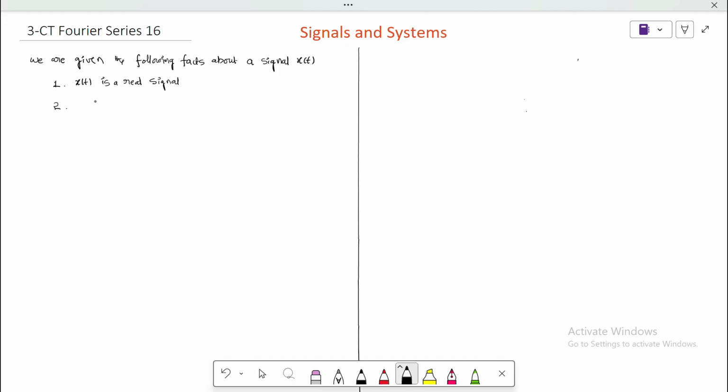The second fact is that x of t is periodic with period T equal to 4, and it has Fourier series coefficients equal to a_k, is it?